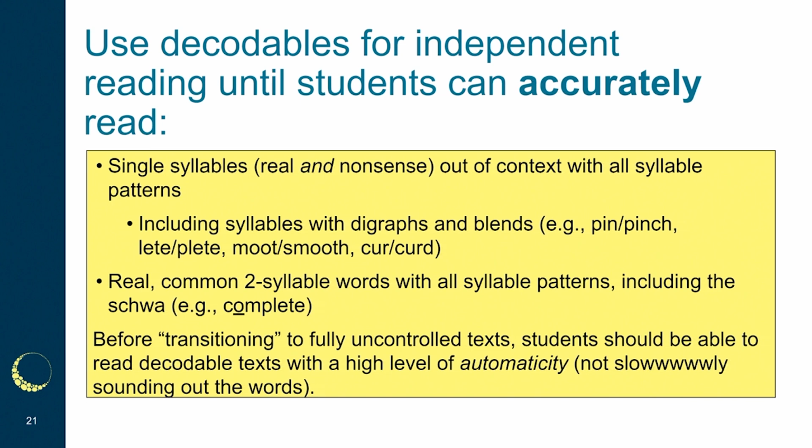Accurate is important, right? Not getting any sounds wrong, or else you didn't read the word right. But automaticity is important too. We don't want kids reading the words on the page slowly, sounding out sound by sound by sound. That means we need to be staying there longer.